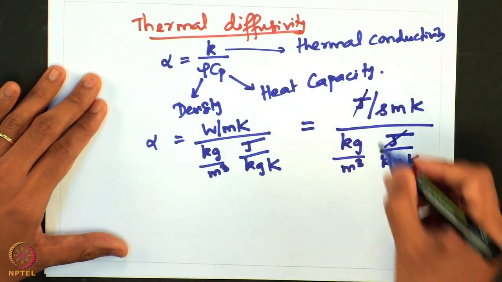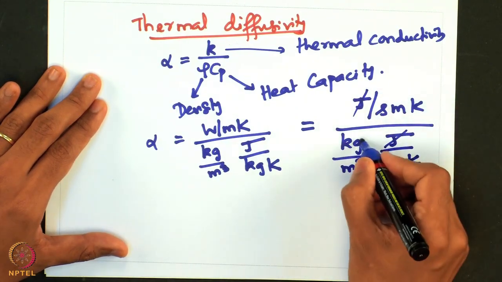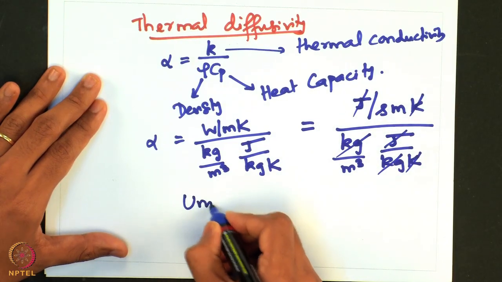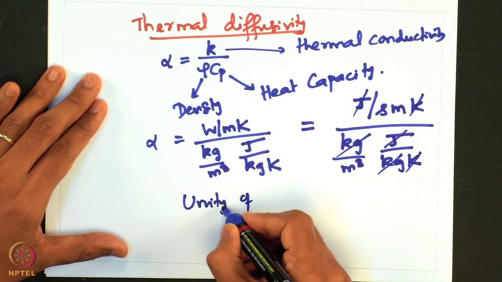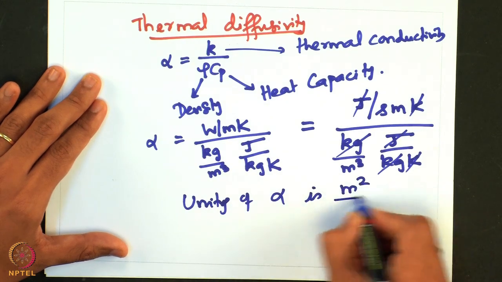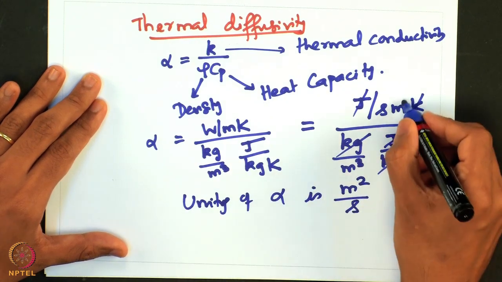If you cancel out the like terms, the units of thermal diffusivity are meter square per second.